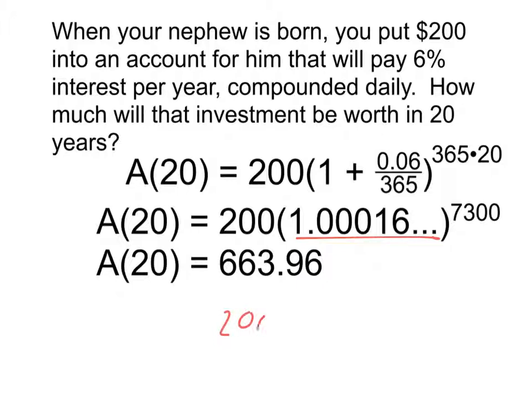You can say 200 times answer to the power of 7,300, or on a few of your calculators even, it lets you just type whatever you want into the exponent without extra parentheses. You can even type in the 365 times 20 there. But whichever method you're using, of course the key is that we get the right number out every single time, so make sure that you're able to get this, the 663.96, for that particular problem.